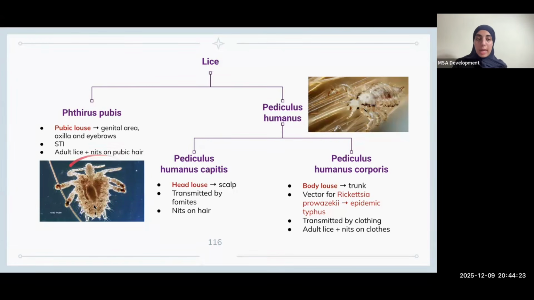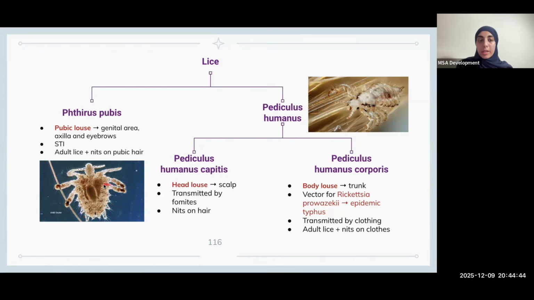This specific louse is Phthirus pubis. This one is Pediculus humanus. They look different. Pediculus humanus is elongated, while the Phthirus pubis is more round. It's called crab louse, okay? So this picture is pubic louse.